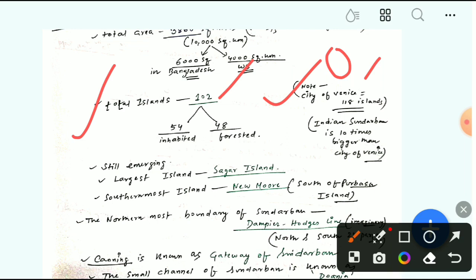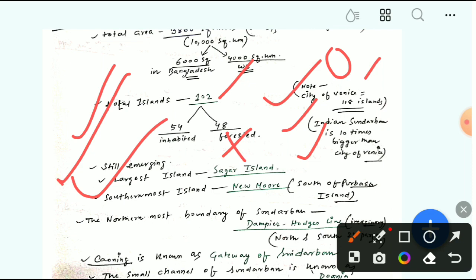So it is comparing with Venice. Indian Sundarban is 10 times bigger than the city of Venice. So if you compare with Venice, it is 10 times bigger, and it is still emerging.